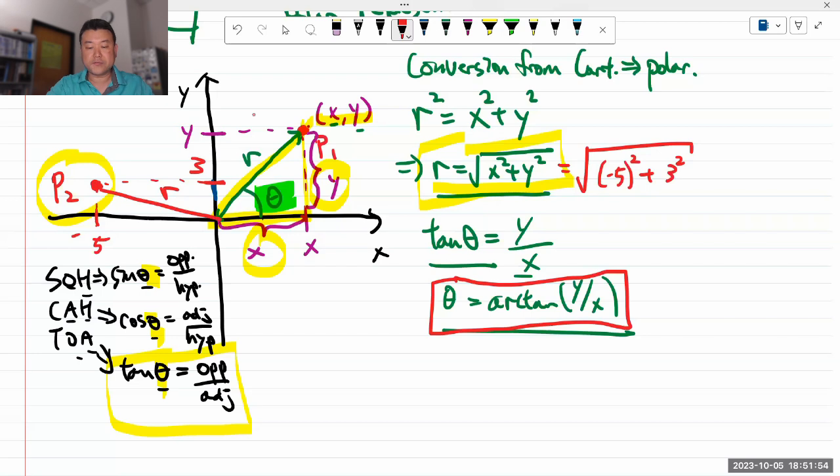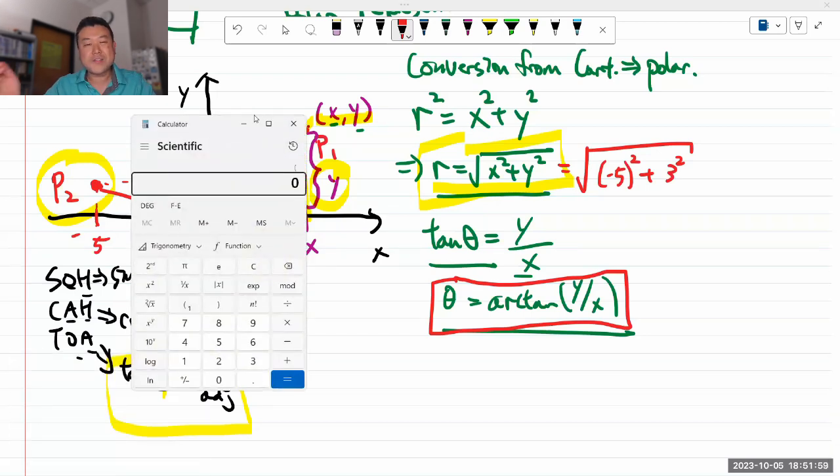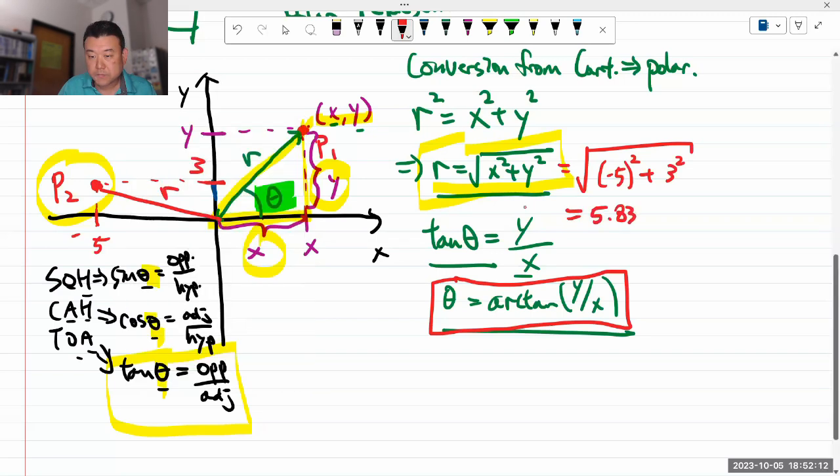I do not believe I can do that in my head, so let me use a calculator. (-5) squared is 5 squared. So I do 5 squared plus 3 squared, take the square root, 5.831. That's my magnitude. Good.